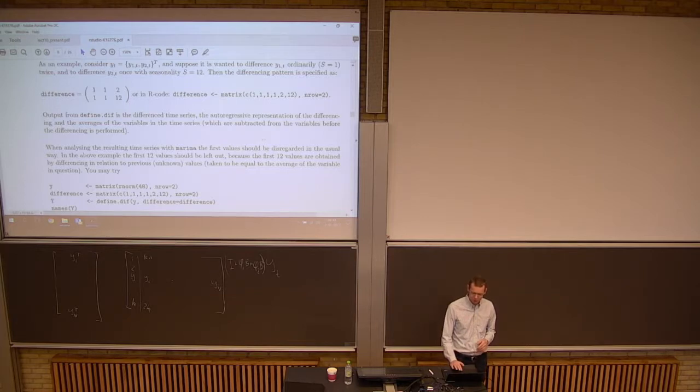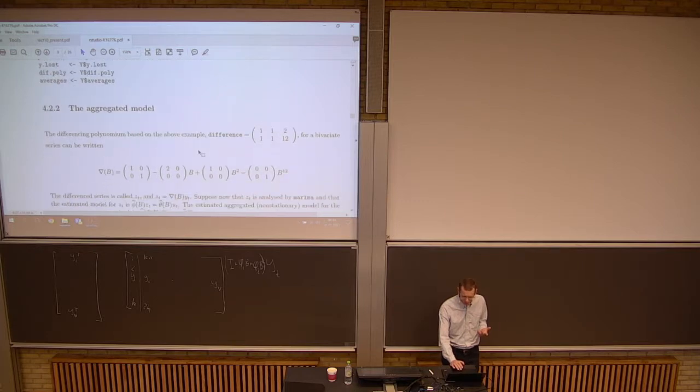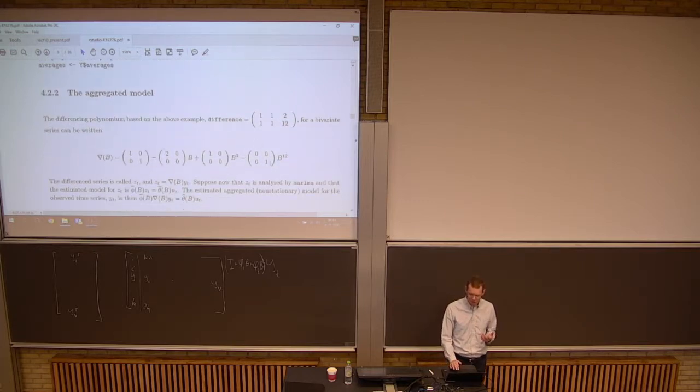Now, that's what you do. If you write it out as a polynomial operator in B, this is basically what you get. You have the identity matrix, then minus 2B plus B squared for the first state, and for the second state you have zeros off the diagonal, and then you have minus B to the 12th power. This form is a quite compact formulation of the resulting operator.